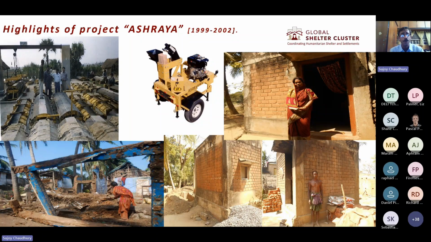So we are using a Hydroform machine, the South African machine. We were using, as you can see in the top left pictures, gantry systems for the roofing units and channels. So it was very complicated, but I think that was the challenge.